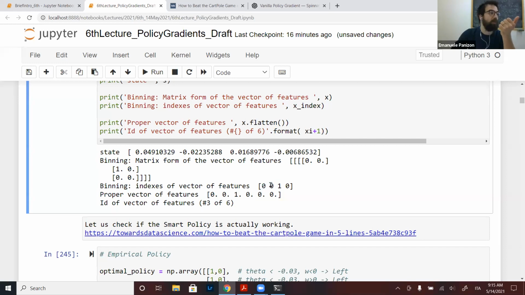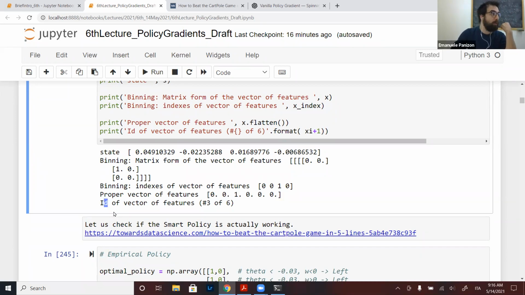The first bin for the 2nd dimension, we have only 1. We have in the second, 0, 1, bin in the 3rd dimension, we had 3. And we are in the first bin of 2 in the 4th dimension. So the proper vector of features, what is properly defined in the theory of value approximation, is this: 0, 0, 1, 0, 0, 0, okay?